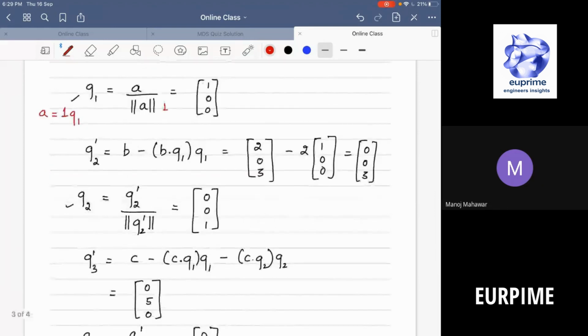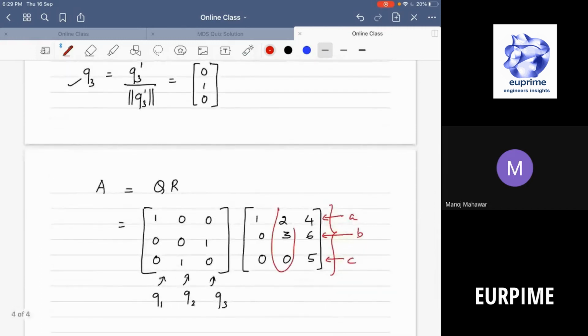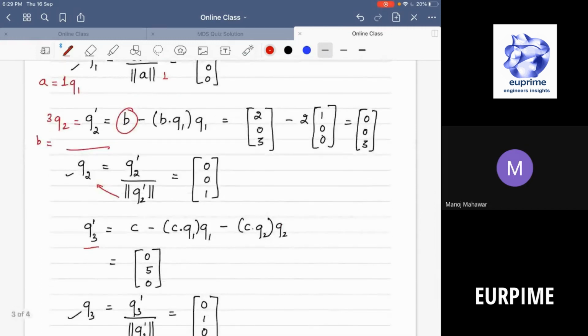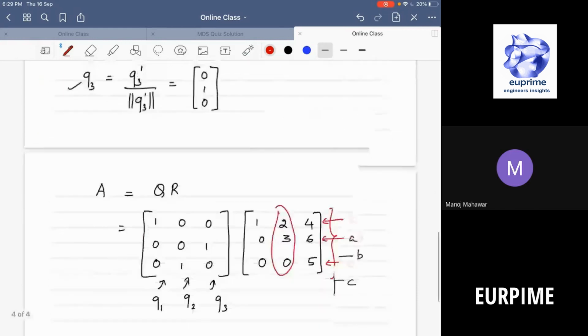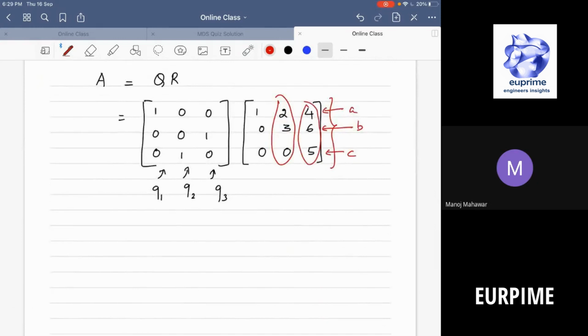Similarly, b is 3 times q2, which we obtain from this equation. If I rewrite this, you'll get the equation for b, which is this expression here. And similarly, if you write c in terms of q3, you'll get this expression here. So this is how we can decompose A in terms of Q and R.